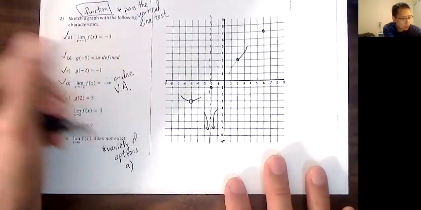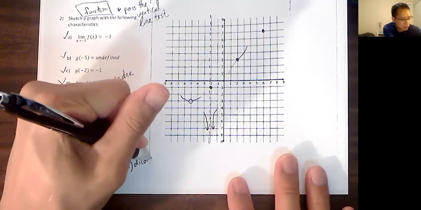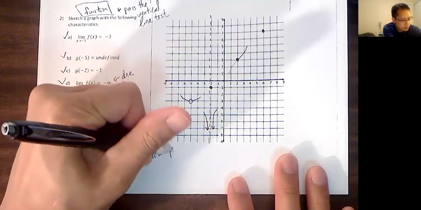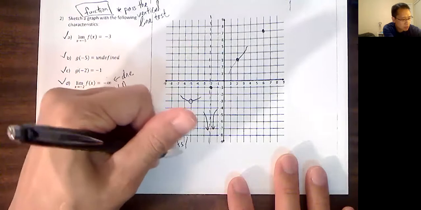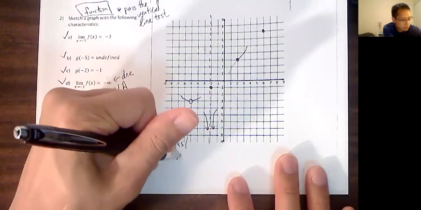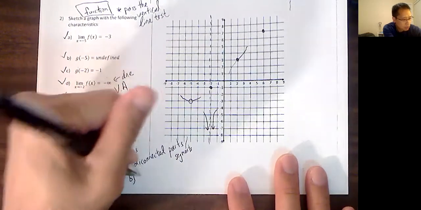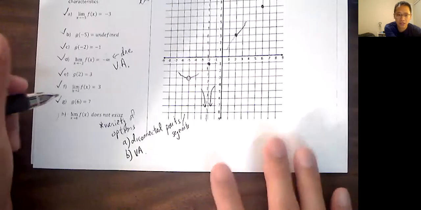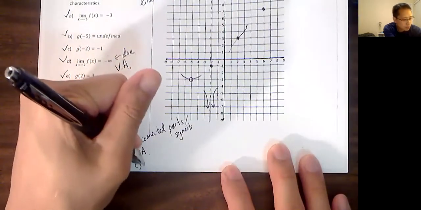Maybe you can make disconnected parts or segments of the graph. We can create a vertical asymptote if you want. Technically, that falls under does not exist. And maybe you can just make it an endpoint.